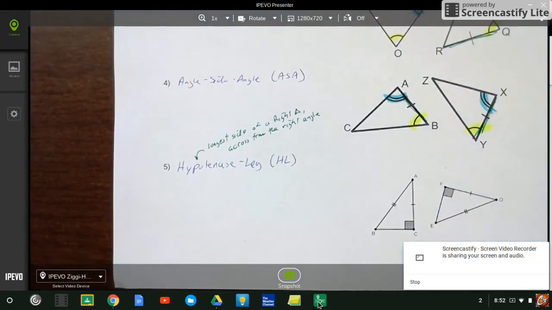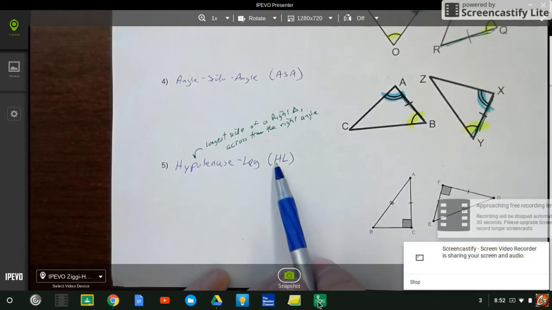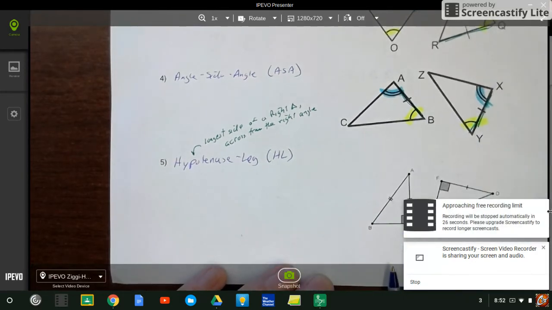Okay, so it's not just the longest side of a triangle, it's the longest side of a right triangle. So we can only have hypotenuse leg if we happen to have a right angle anywhere.